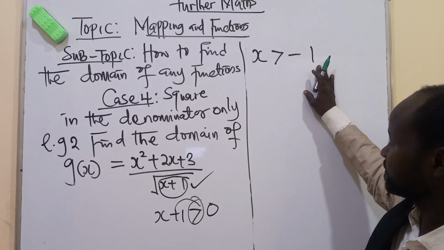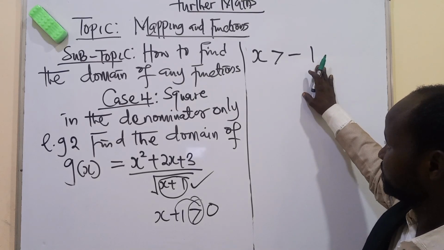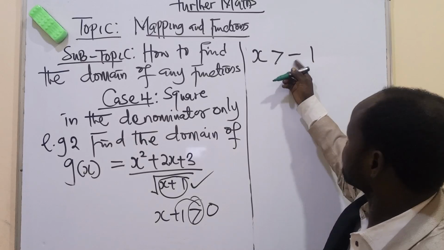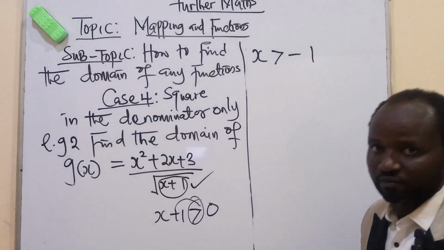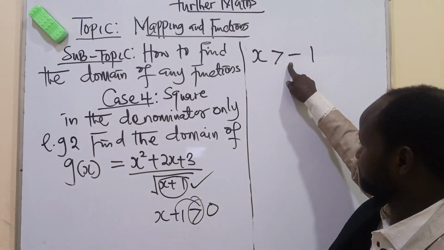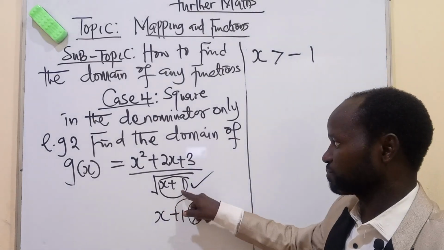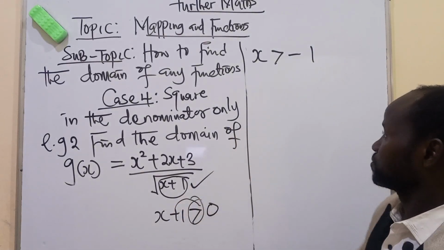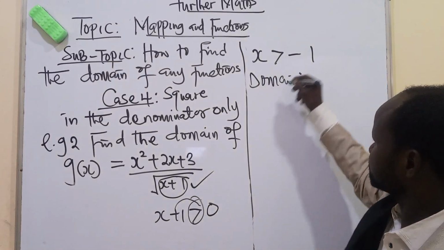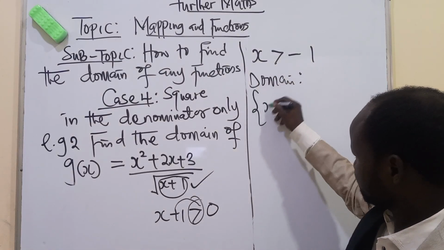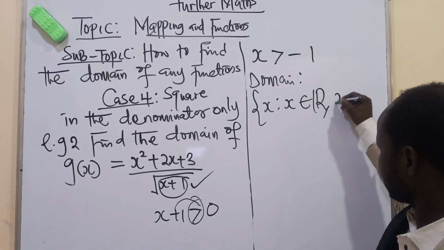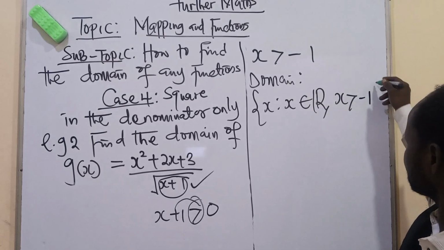So what are we saying here? So we can state the domain. The domain now will be all real numbers greater than minus 1. All real numbers, but it must be greater than minus 1, because if we put minus 1 here plus 1, we'll get 0. So we can state the domain as x such that x belongs to the set of real numbers, but x must be greater than minus 1.